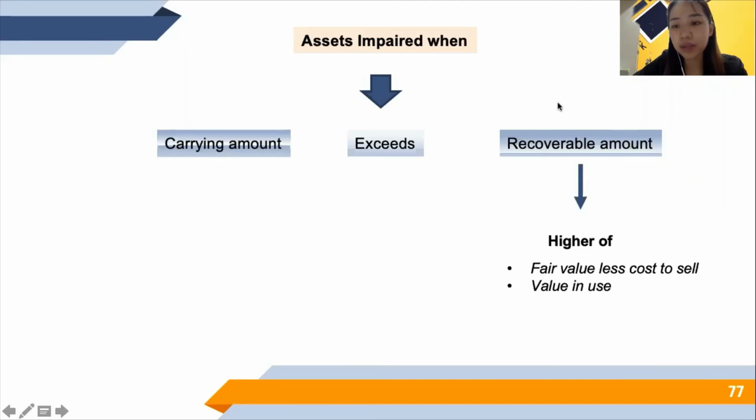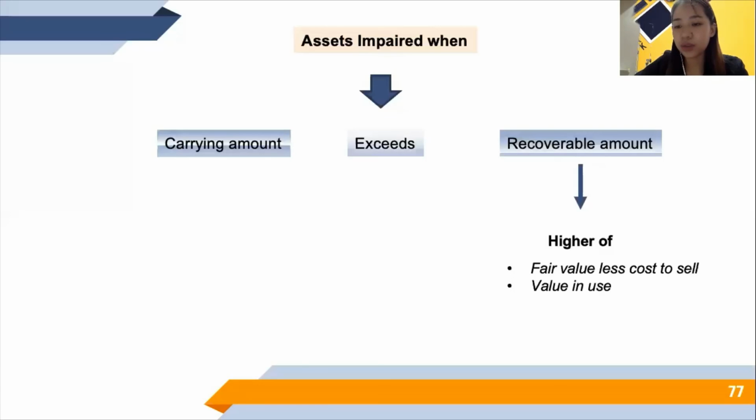Pero what if naman kung mas mataas yung recoverable amount kesa sa carrying amount? So, we will simply ignore kasi nga hindi naman siya naka-fair value. And so, under ng recoverable amount, there's two options. Una, yung fair value less cost to sell, meaning yan yung mare-recover mong amount kapag benenta mo yung asset.